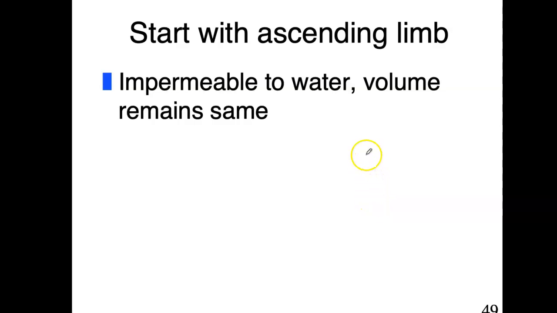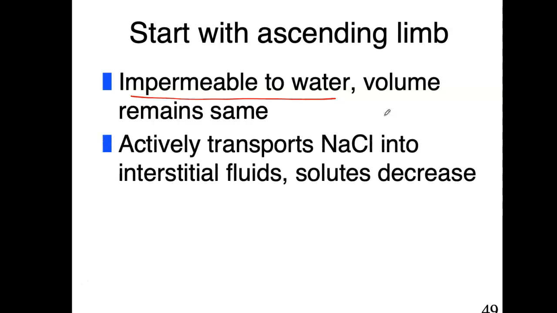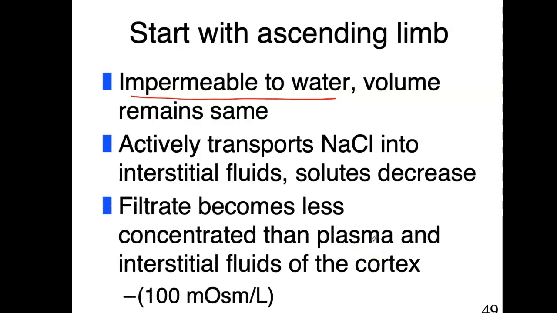The one that's going back up again is impermeable to water. The volume stays the same. It's not going to change any of that volume of water. It actively transports sodium chloride into the interstitial fluids, and I've said that it's going to fill with salt.